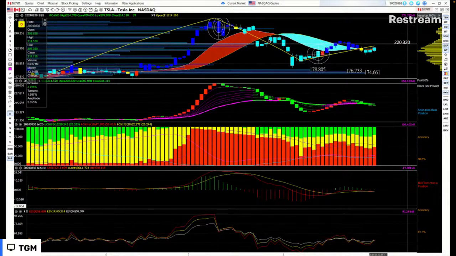If you take a look at the first black hole here, you find that it actually appeared before the yellow candle, telling us we need to be cautious because something big, something significant is going to happen.